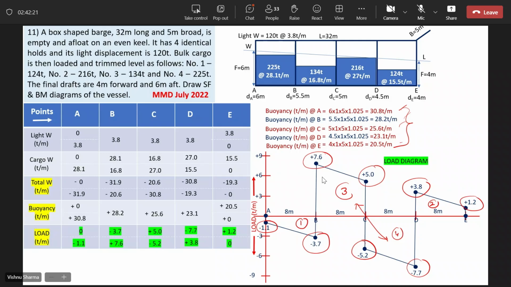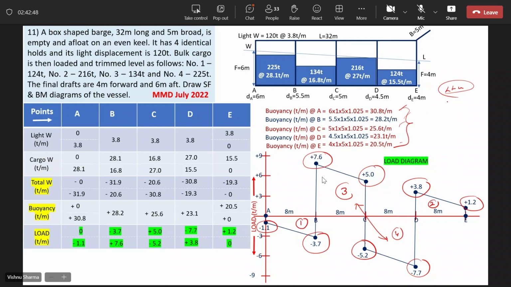And the second is, guys, if you add all these weights, which weights? Light displacement plus cargo in the holds. How much does it come? Can you please quickly total? 120 plus 225 plus 134 plus 216 plus 124. How much does it come? I think it comes 799 tons.